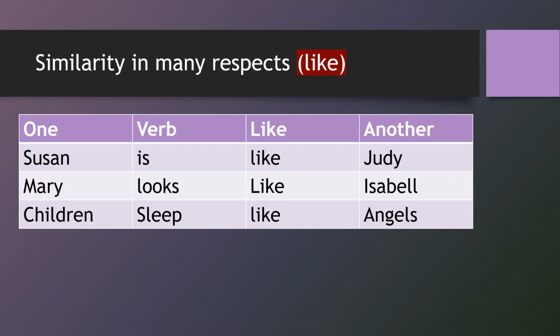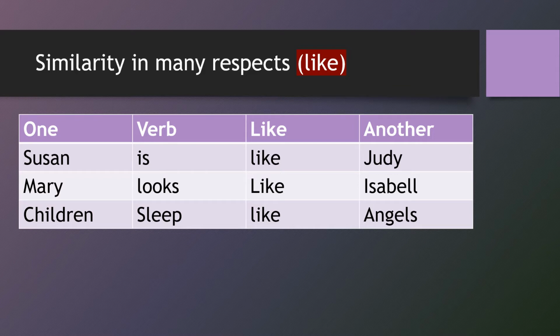Mary looks like Isabel, meaning that her appearance or her features are similar to Isabel's. Children sleep like angels. Here you are focusing on the way they are similar, assimilating children in their sleep to angels.